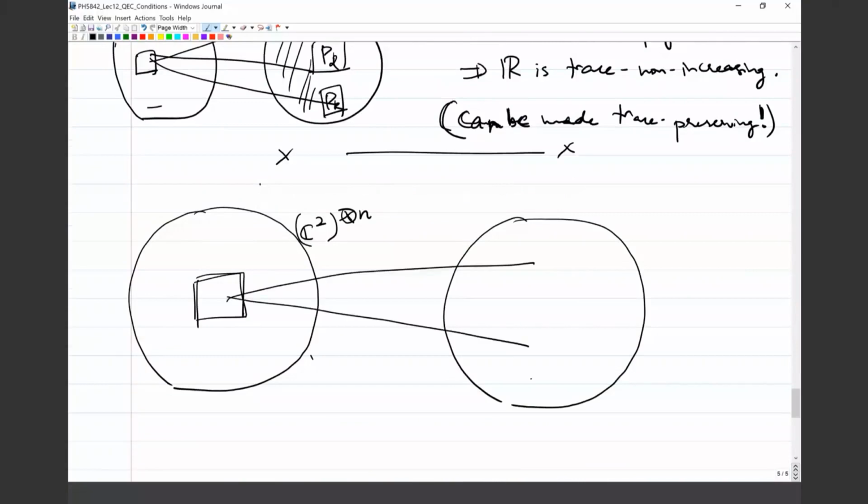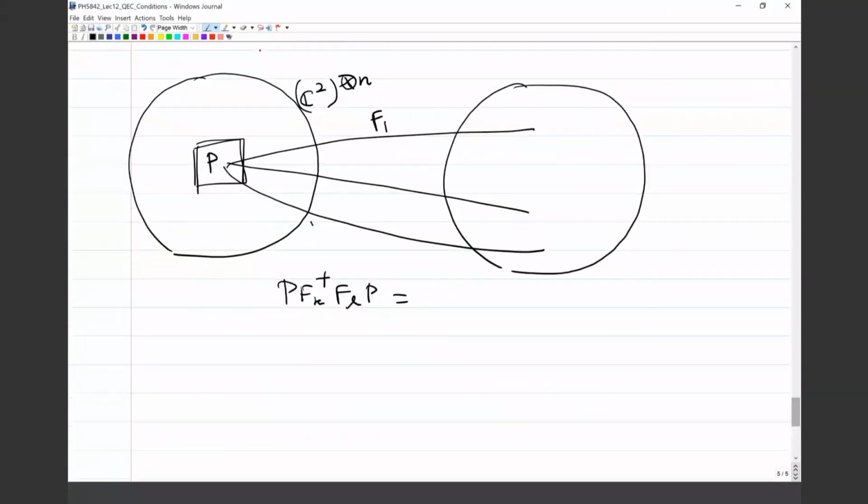I'm now working in this F basis where I have changed to a different set of Kraus operators such that they satisfy this condition that F_k dagger F_l P is some constant times delta_kl P.